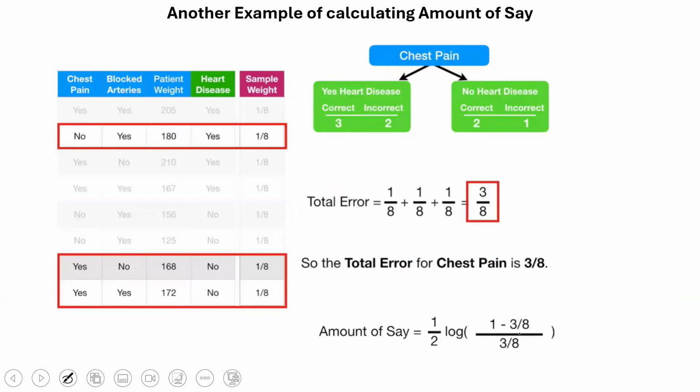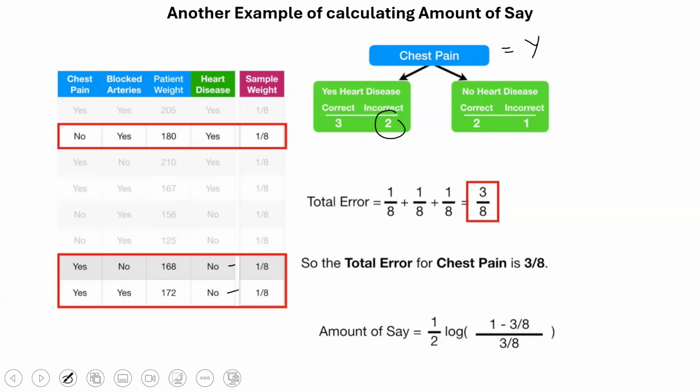Okay, let's take another example. I already explained this to you. If you take this chest pain, if chest pain is equal to yes, the stump is saying the patient has heart disease. But not all the patients have heart disease. Two patients do not have heart disease even though the chest pain is yes.